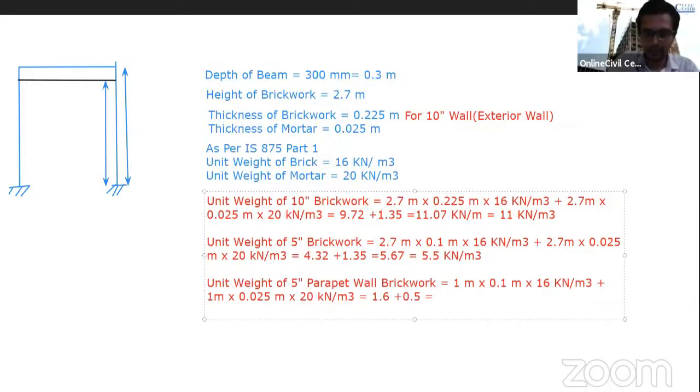So it's approximately 1.5 plus 0.5, which is approximately 2.1, or 2 also we can take. So the unit weight will be 2.1 kilonewton, approximately equal to 2 kilonewton per meter cube.